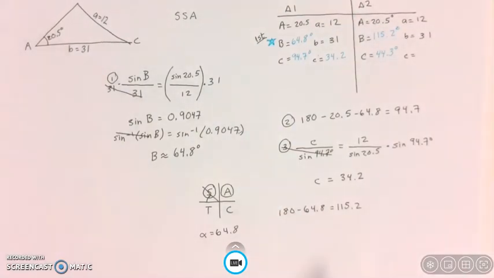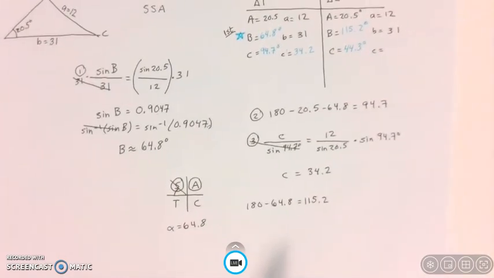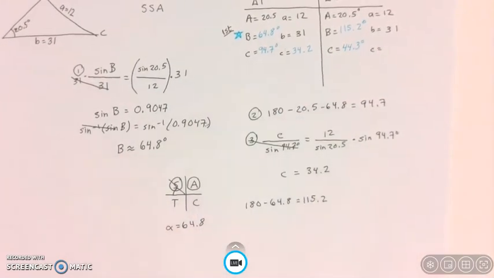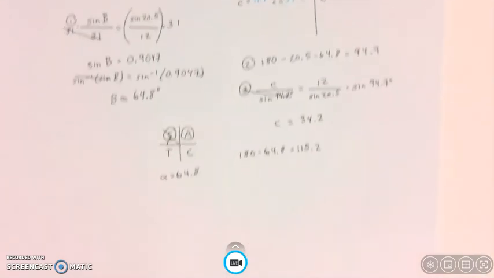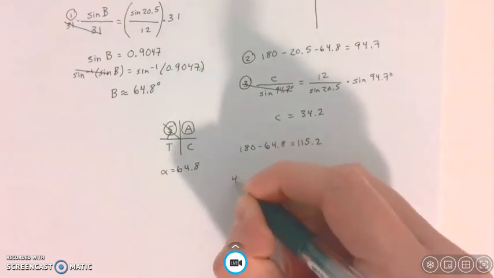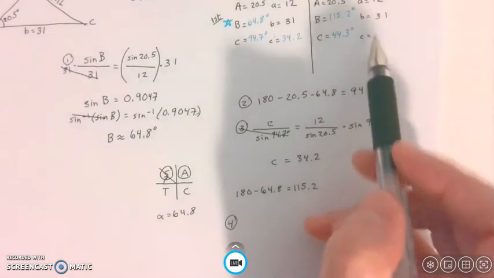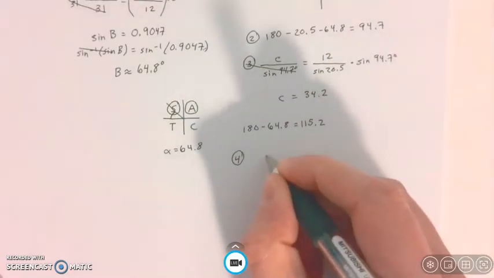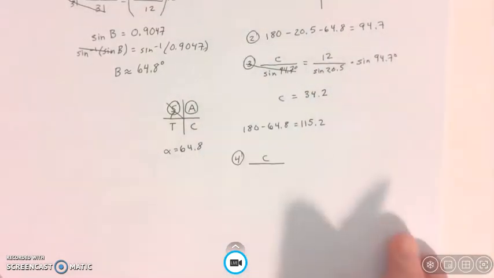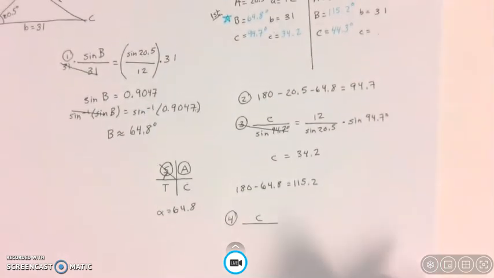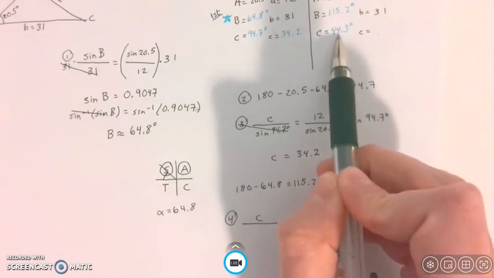All right, so we're just going to use law of sines one last time, but we're only going to use the second triangle's information. So I'm looking for side C. I have C in my numerator, and that's going to go over sine of 44.3.